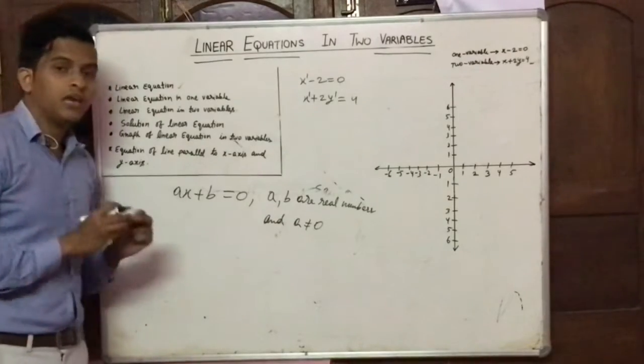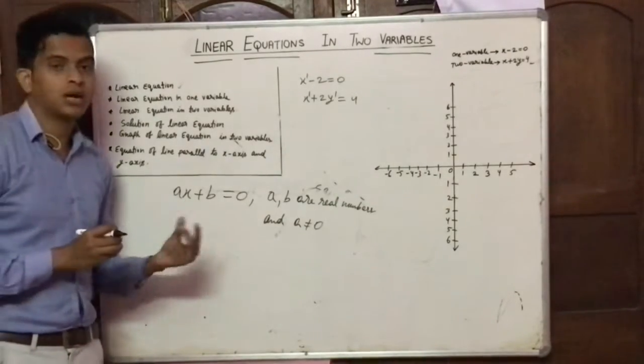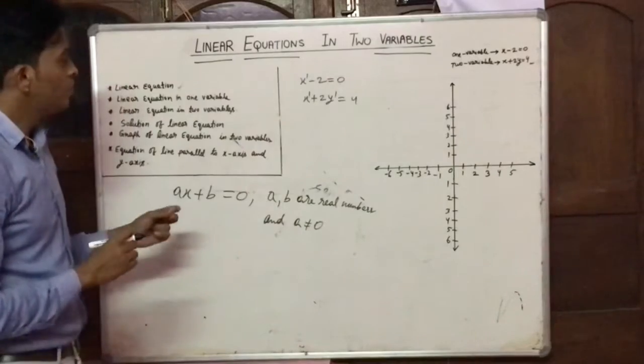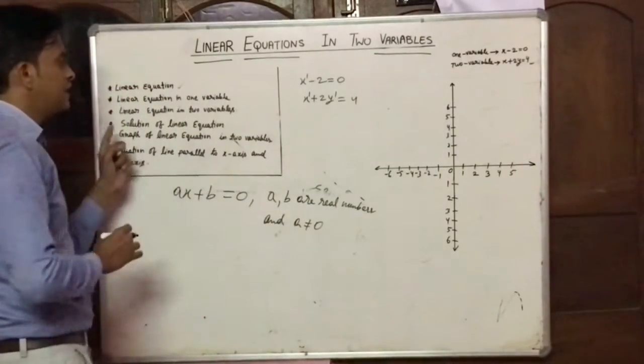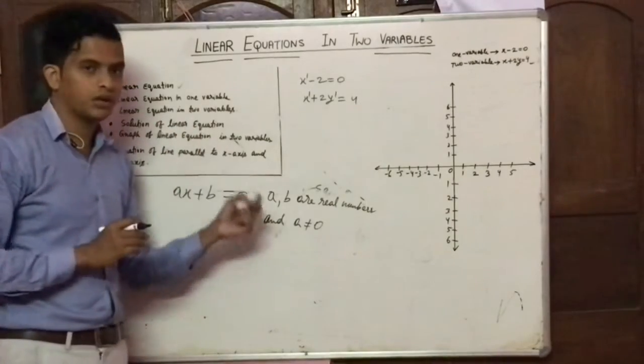If a becomes 0, then the equation becomes undefined. So here, this ax plus b is equal to 0 is the general equation of linear equation in one variable.